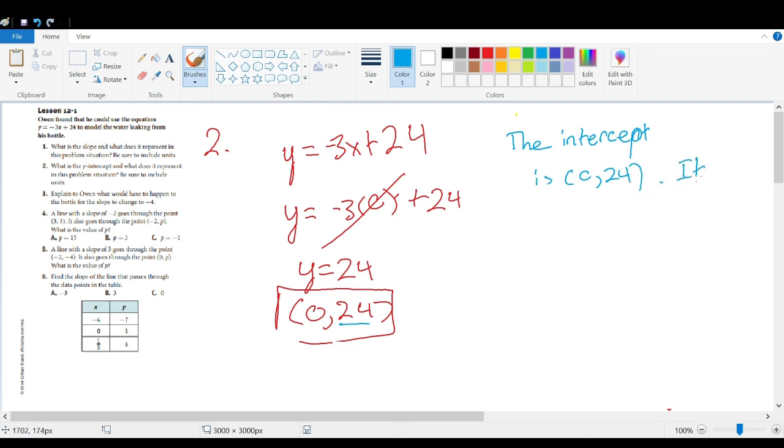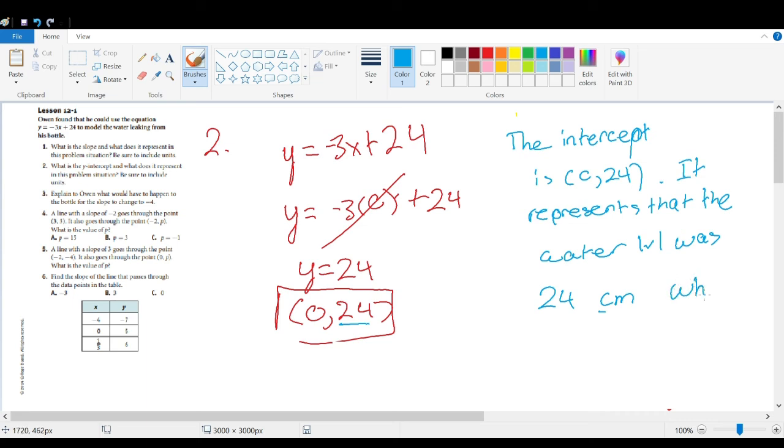It represents that the water level was 24 centimeters when the hole was made. So that's what it means.